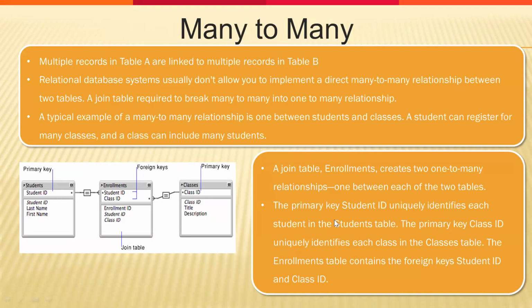The primary key student ID uniquely identifies each student in the student table, so each student has one record there. The primary key class ID uniquely identifies each class in the class table. In the class table also, class ID is a unique one.